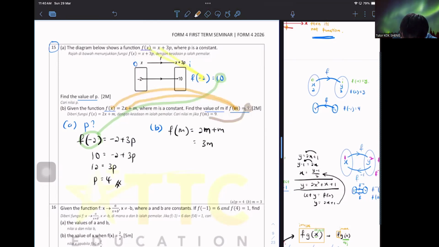Replace f(m) with 9. Okay, we can find the value of m already. 3 bring to the left, 9 divided by 3. 15, done.